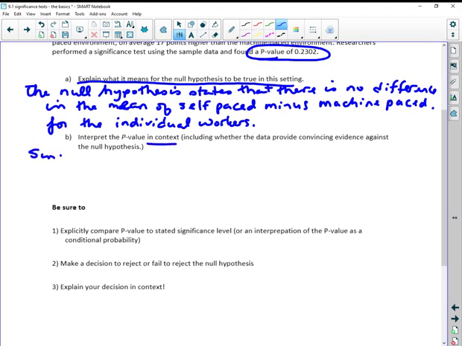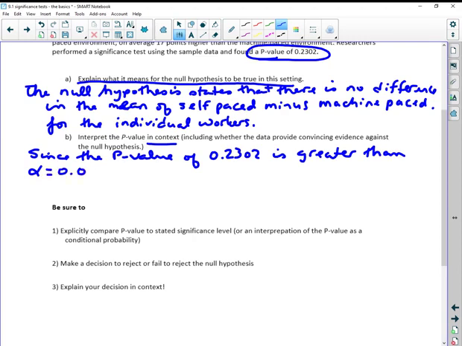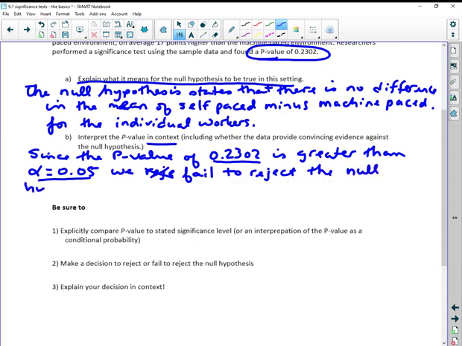So since the p-value of 0.2302 is greater than alpha equals 0.05, and notice I gave my number and the number that I'm comparing it to, now I'm going to make a decision. We reject. Oh, no, we fail to reject the null hypothesis. So I'm just saying what my decision is.